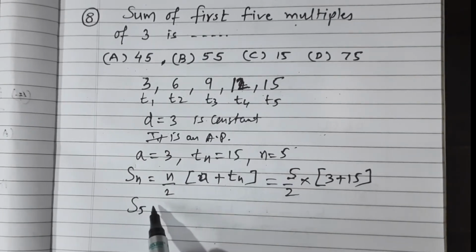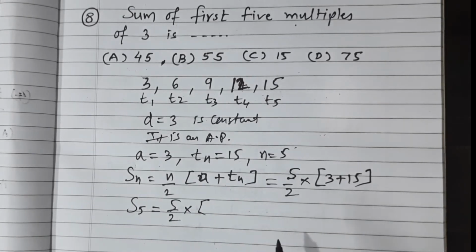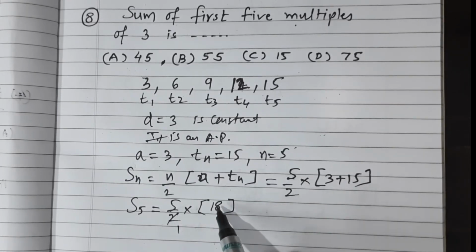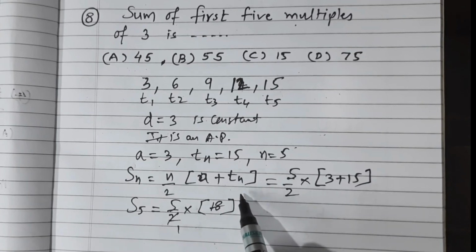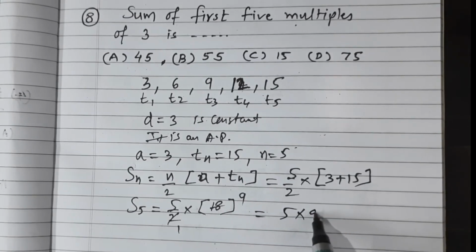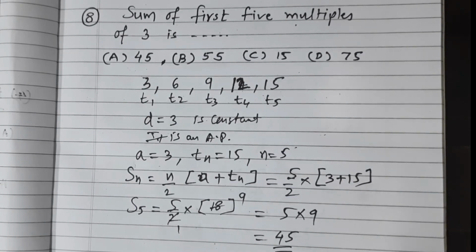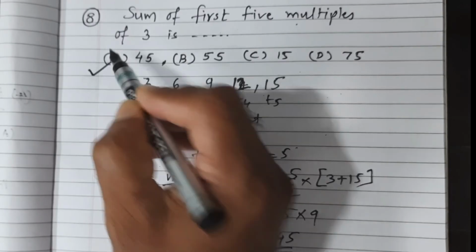So 5 upon 2 into 15 plus 3, which is equal to 18. 18 divided by 2 is 9, so 5 into 9, the sum of the first 5 multiples of 3, is 45. So the correct option is option A.